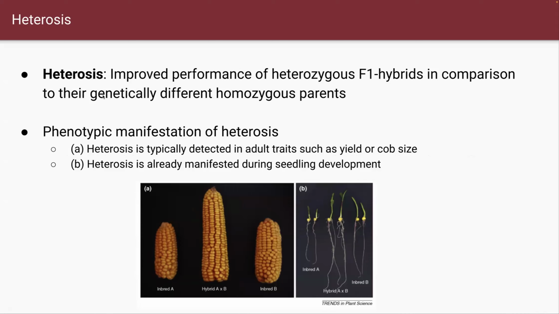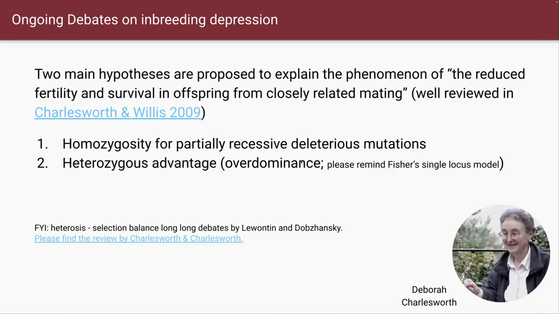In this case, we call it heterosis. So heterozygous genotypes show much better phenotypic manifestation than the inbred parents. And this is still important for crop science these days, so people keep talking about this topic.